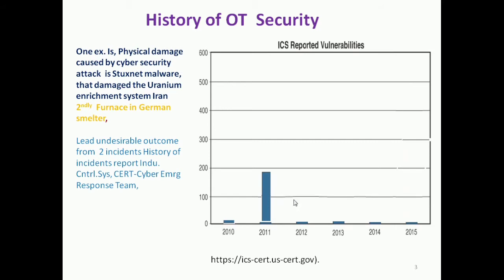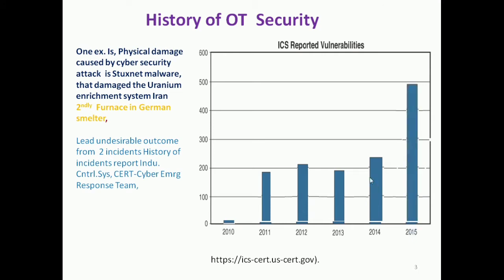Subsequently in 2012, more than 200 reports were brought to light. In 2013 they are lesser than 200, and in 2014 it exceeds the 2012 vulnerability reports. In 2015 we can see almost 500, approximately 490. So these are the vulnerabilities reported.